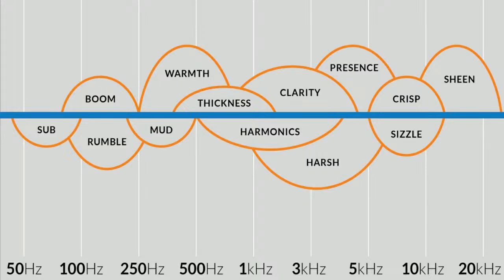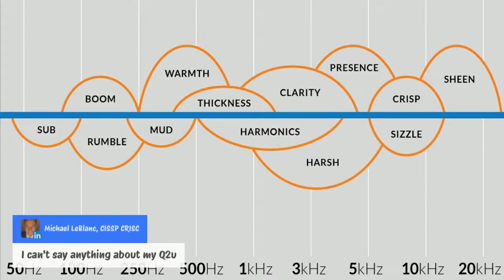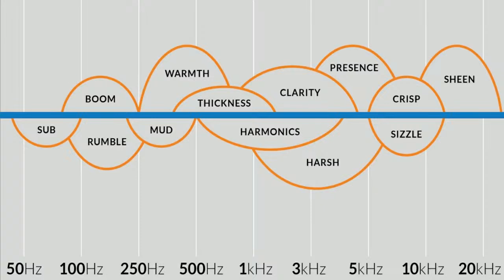I also want to talk a little bit about this concept. This is pretty cool. I can't remember who made this, and I really apologize for that. I would like to be able to call out who made this graphic, but I came across it on the internet, and it really indicates what's going on with sound.